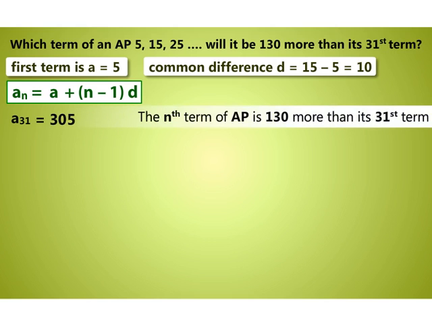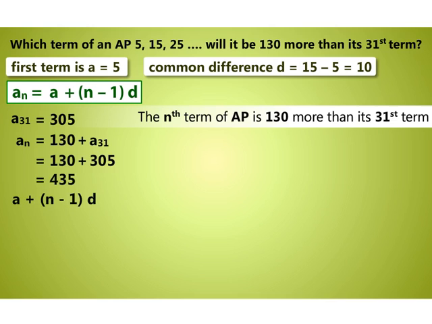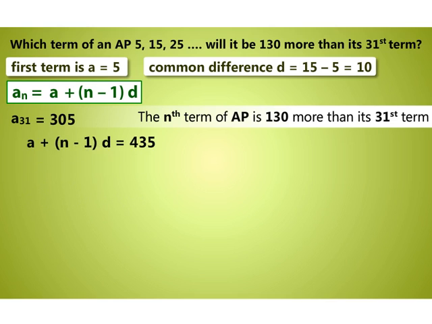According to the problem, the nth term of the AP is 130 more than its 31st term. So, An = 130 + A31, that is equal to 130 + 305, that is equal to 435. So, a + (n minus 1)d is equal to 435.